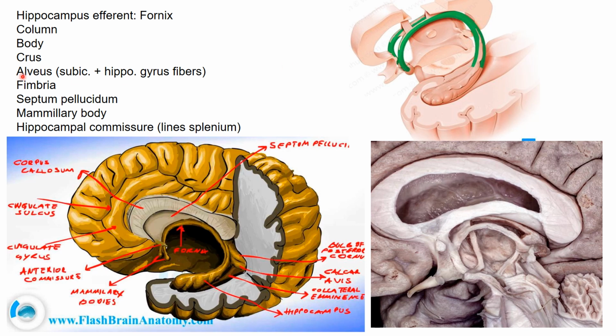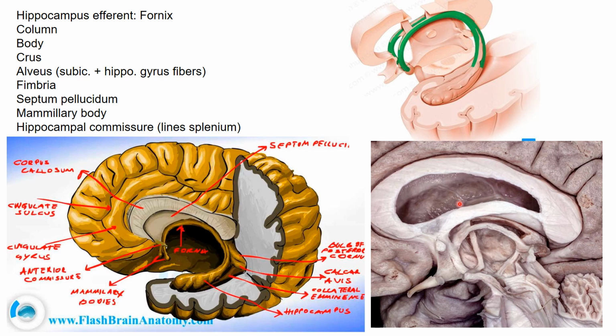Just a little FYI, the alveus is composed of axon fibers made from, like I said, the subiculum and the hippocampus proper fibers. And then the fornix is actually suspended, hanging up from the septum pellucidum. So here's your septum pellucidum. In this gross image, the septum pellucidum has been carved out, but this is what was holding the fornix up from the corpus callosum via the septum pellucidum.